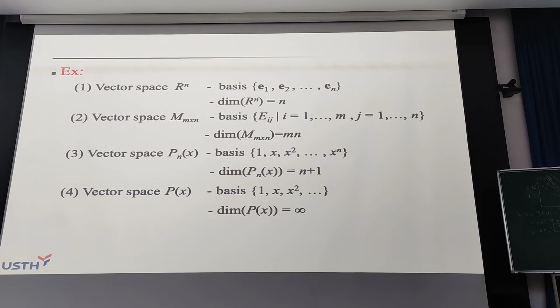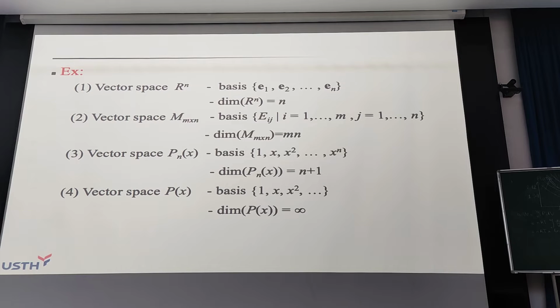Once again, going back to the examples about the standard basis, we get the dimension of R^n equals n, because it has a standard basis consisting of e1, e2 up to en.